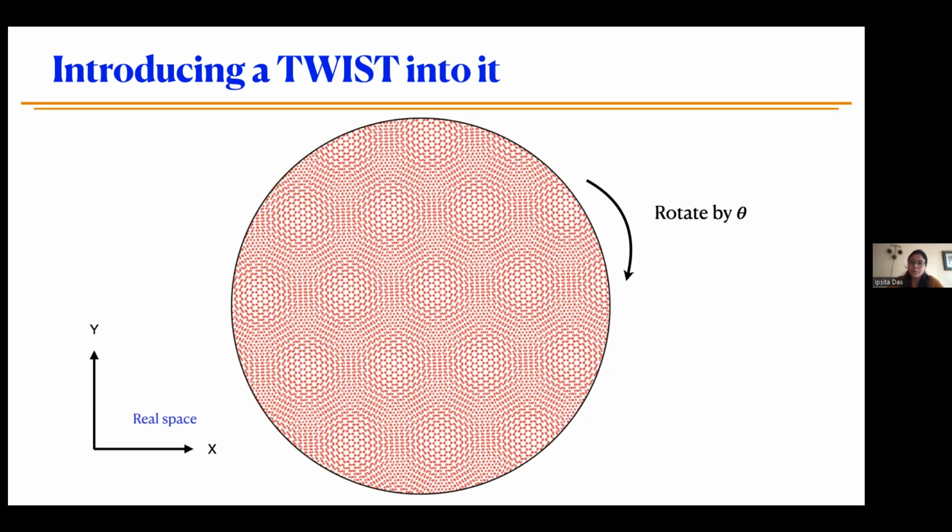Finally, here my two layers of graphene are rotated by 1.1 degree with respect to each other. You can see they still have the hexagonal symmetry, but with a higher periodicity. So now my lattice periodicity is much higher than the graphene periodicity, right? This introduces a superlattice potential in my system, which can reconstruct the band structure of graphene.